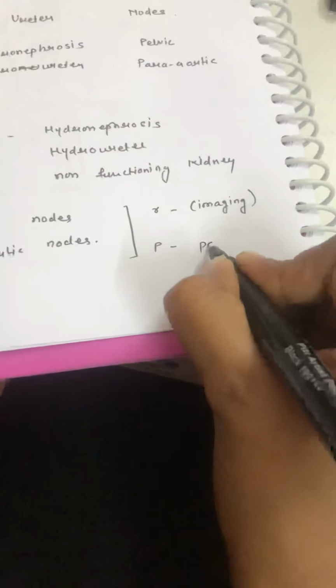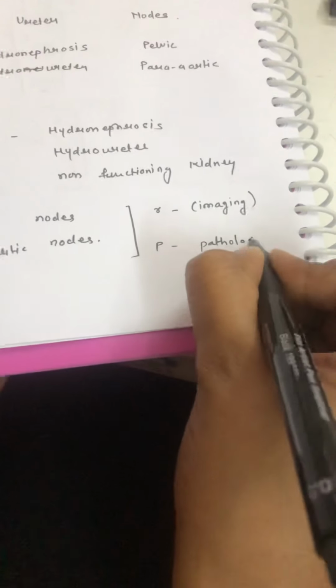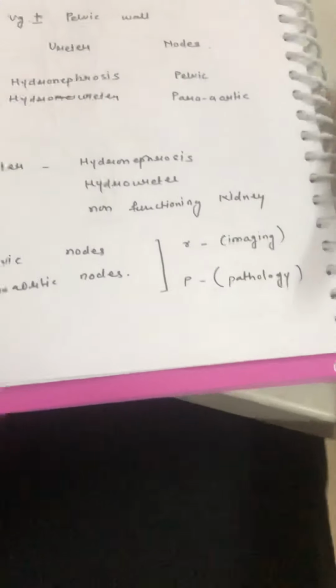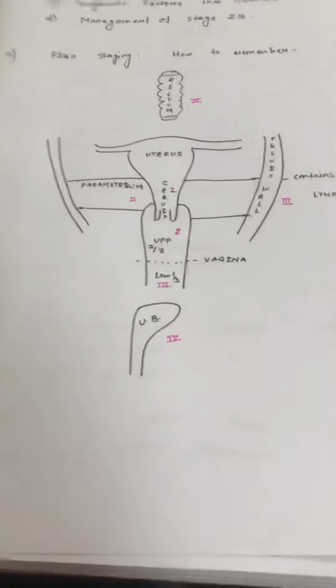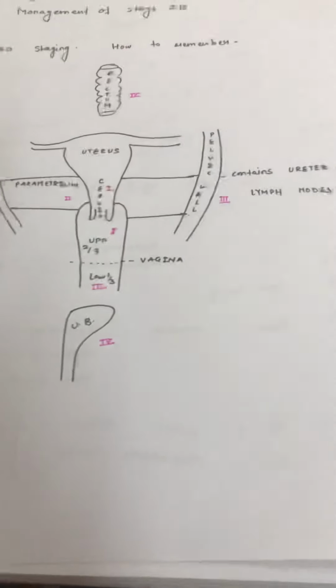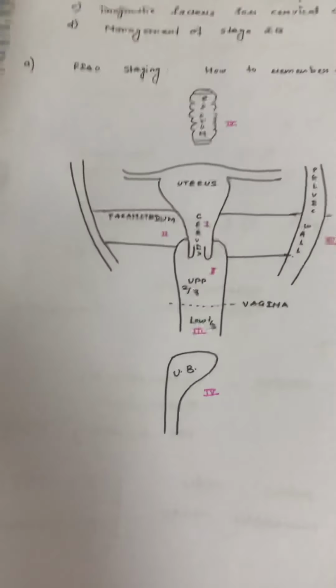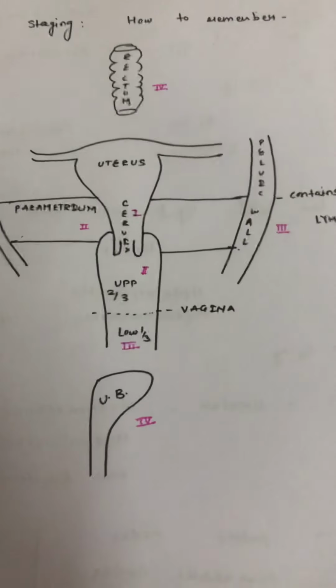That is, it is picked up by imaging or by pathology, that is proven on, say, a histopathological report. So it's simple. We have to just remember this diagram. On the basis of that, subdivisions A, B and C are mostly nothing but the sizes. So we'll revise again.